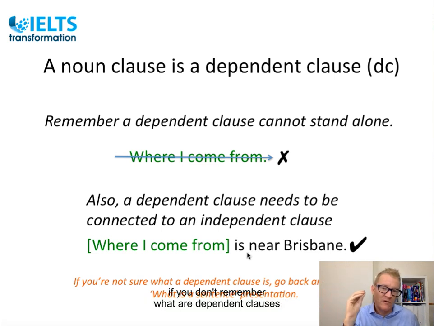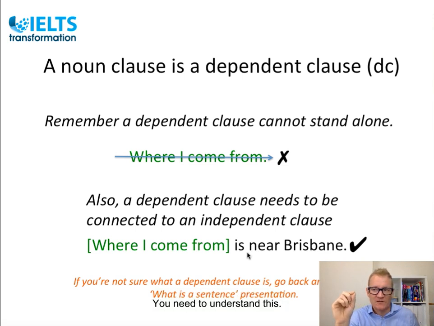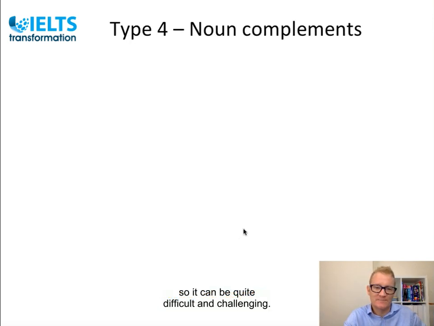If you don't remember what a dependent clause is or what a complex sentence is, you need to understand this. So sometimes people need to watch the grammar sentence types part 1 a few times. That's okay. There's a lot of technical language in here, so it can be quite difficult and challenging.